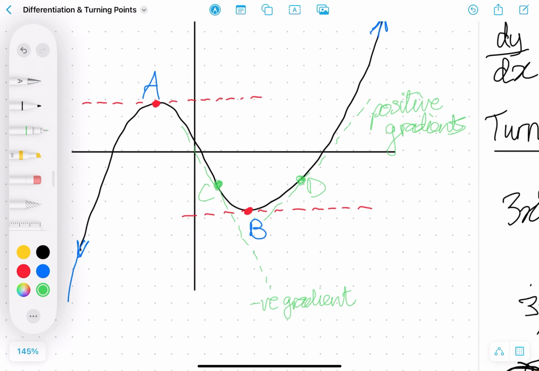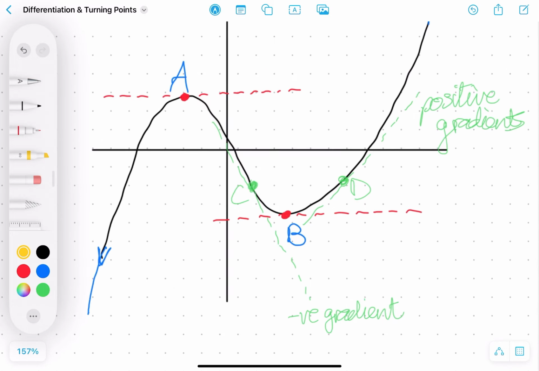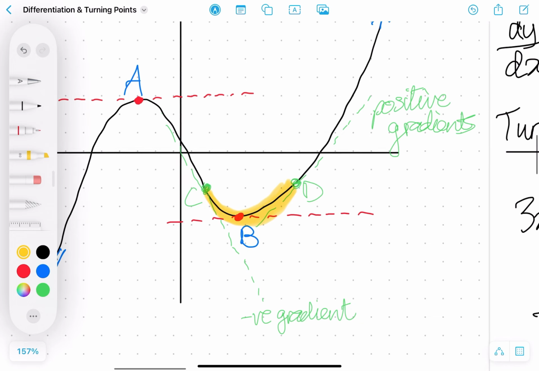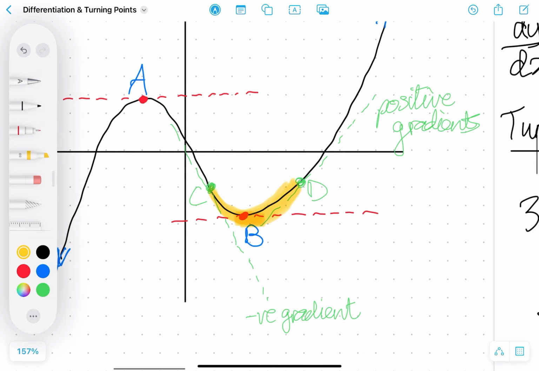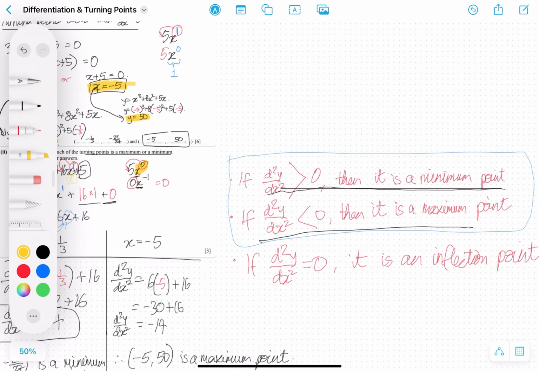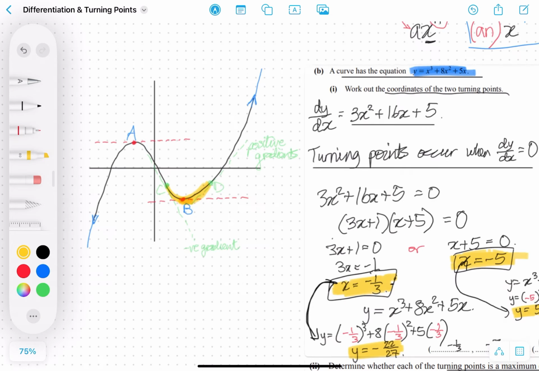So as you can see, between C and D, the gradient is rising. It's continually rising. It's going from a negative gradient at C to a positive gradient at D. And since B lies between C and D, it must be the case that this second derivative is greater than 0, since it's causing a rise in the gradients.